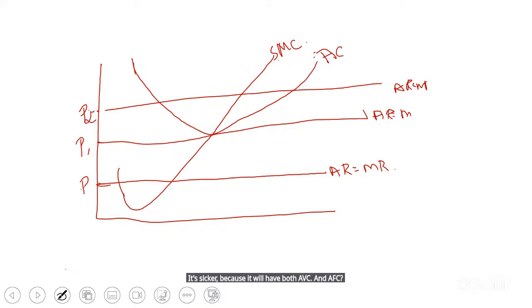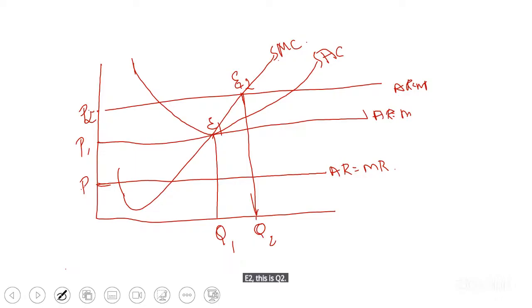So short run marginal cost, short run average cost. Now I will write this as an equilibrium point E1 and this is Q1. I will point this as another equilibrium point E2. This is Q2.